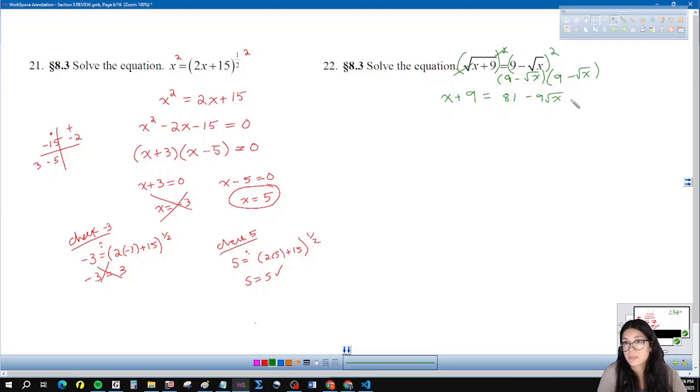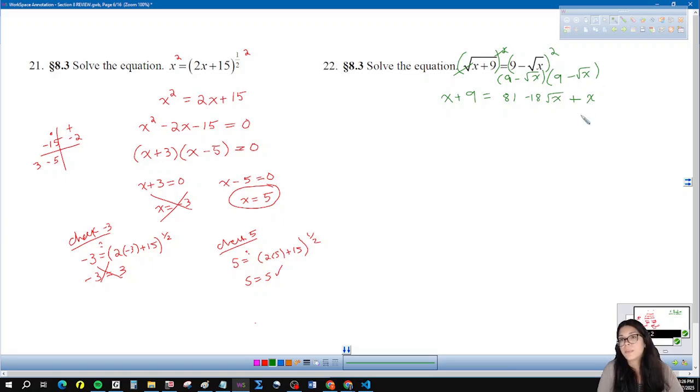Negative square root of x times 9, which is also negative 9 square root of x. So I can go ahead and just combine those two right now. That would be negative 18 square root of x. And then negative square root of x times negative square root of x, negative times a negative is positive. Any square root multiplied by itself is just whatever's on the inside.